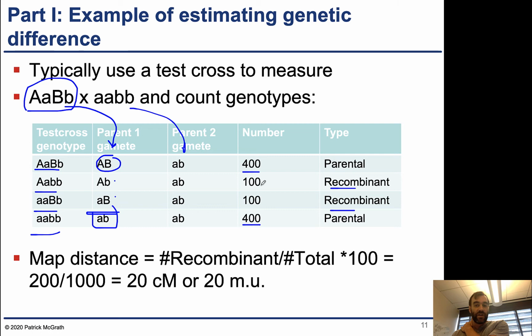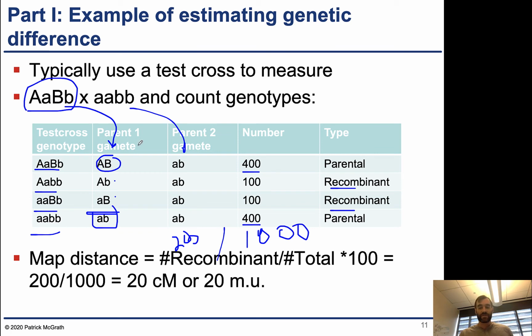How many recombinant gametes are produced? 100 plus 100. How many total gametes are produced? If we add up 400 plus 100 plus 100 plus 400, the total is 1,000. Dividing the 200 by 1,000, we get an answer of 20%, which translates to 20 centimorgans, or 20 map units.